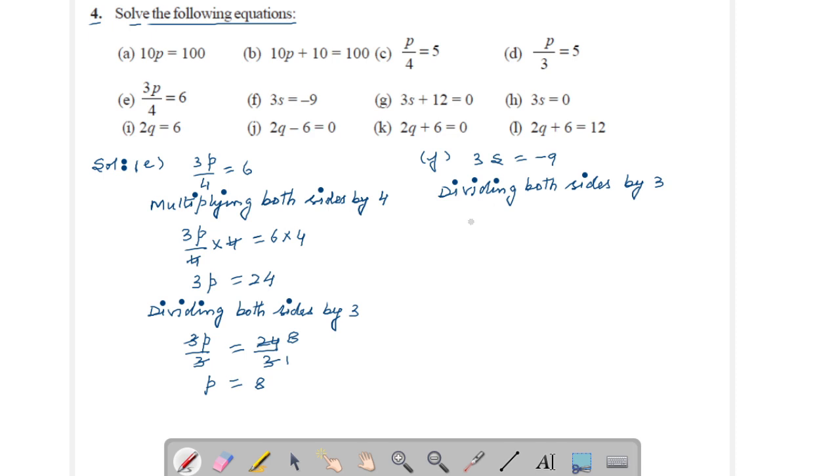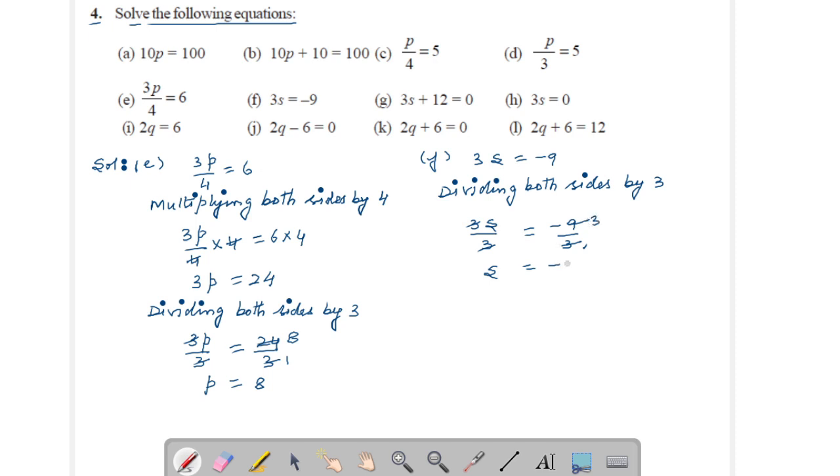What will you get? 3S upon 3 equal to minus 9 upon 3. Here 3 is cancelled by 3. What is left? S equal to, here divide minus 9 by 3. 3 ones are 3 and 3 threes are 9.